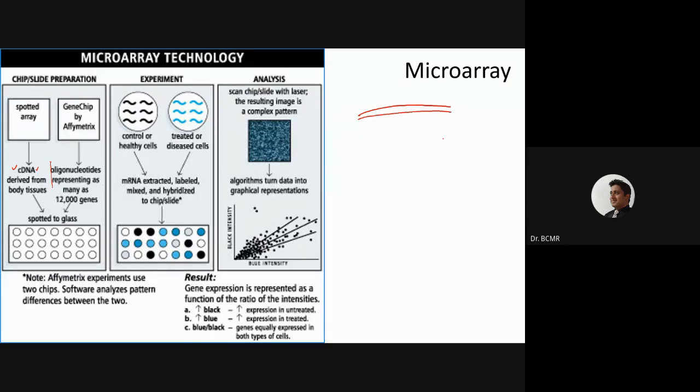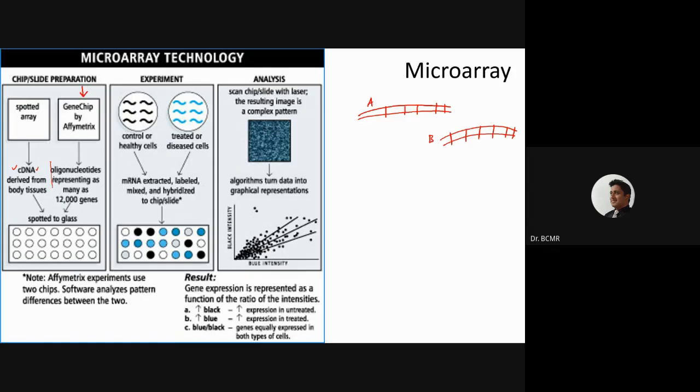Here, the objective is to look at two different samples and find the genetic variations on the DNA that are there in A and B. So for that, the first thing is to prepare slides.